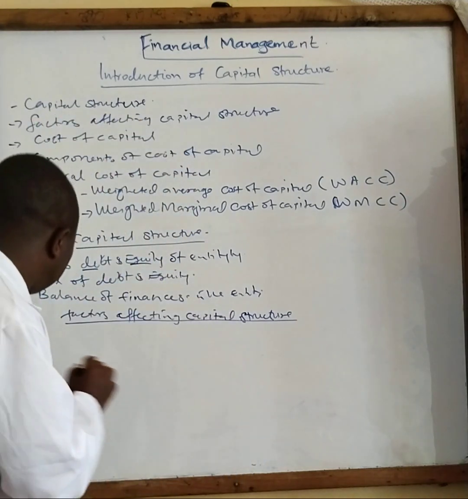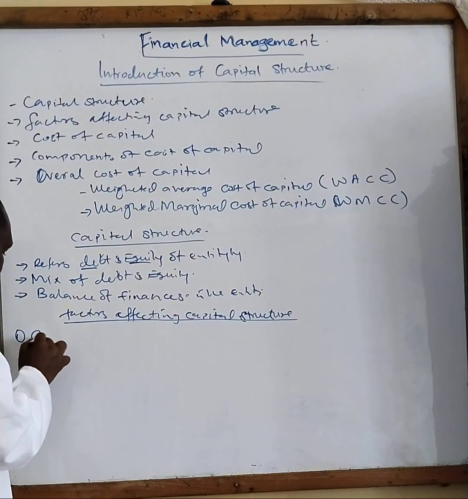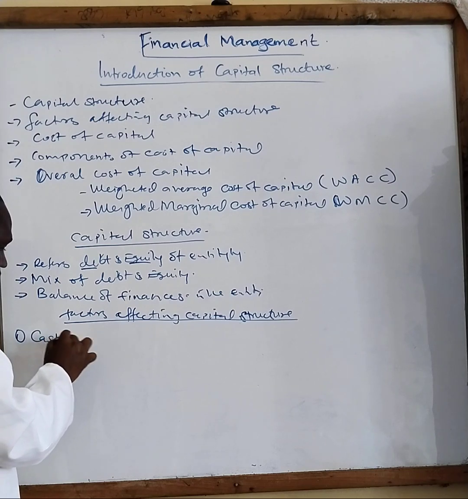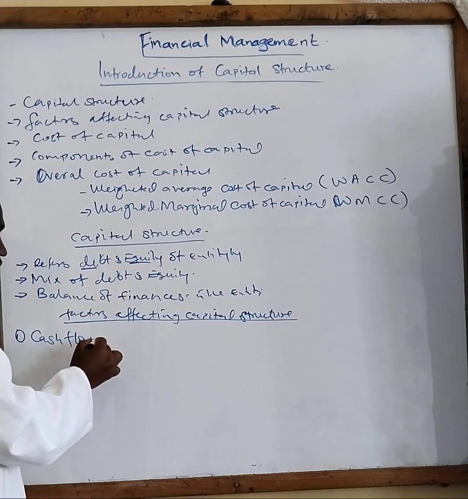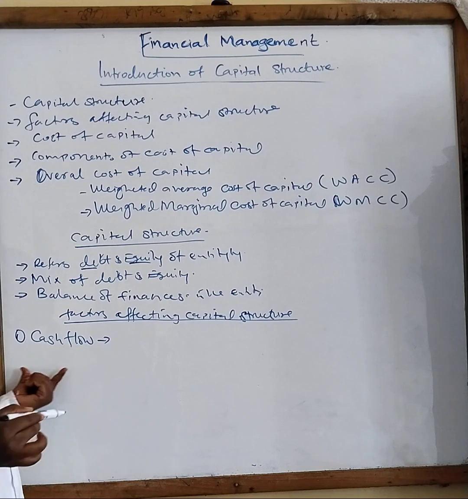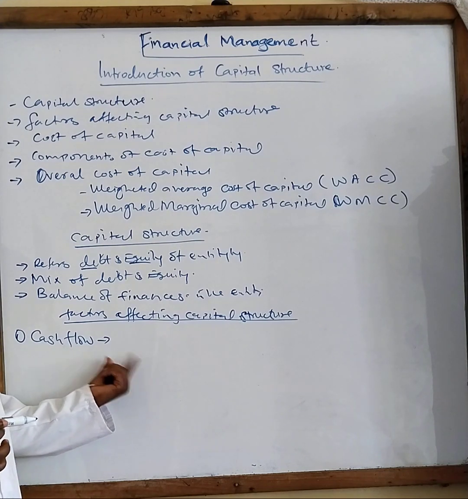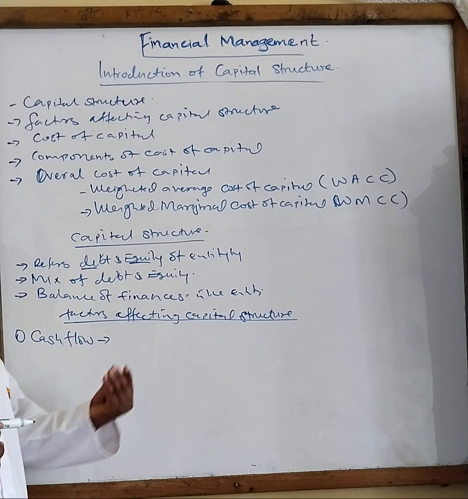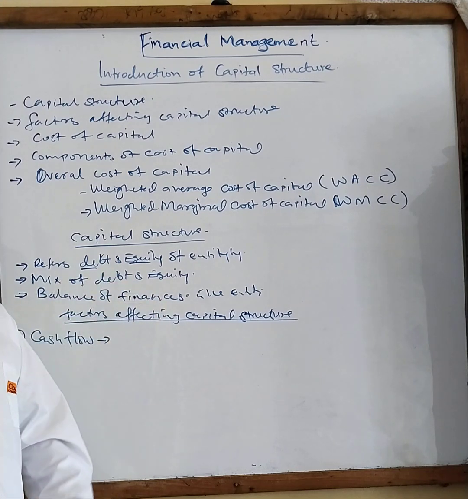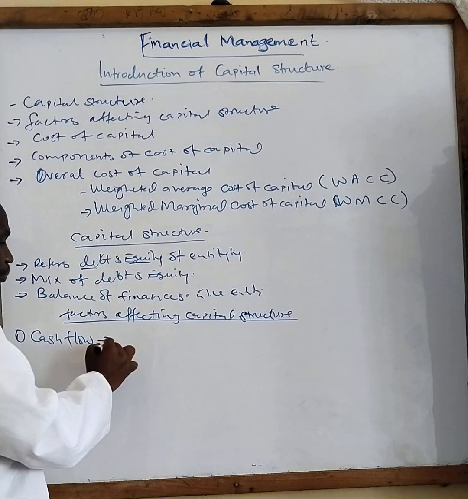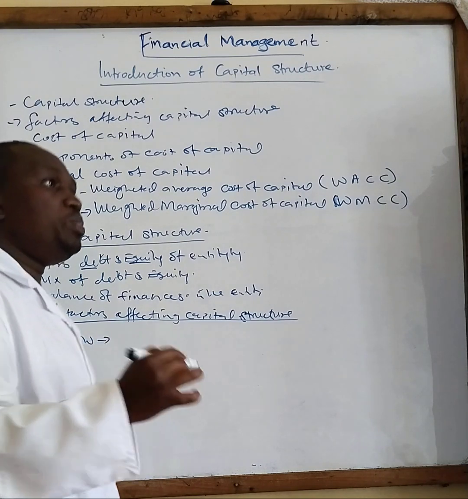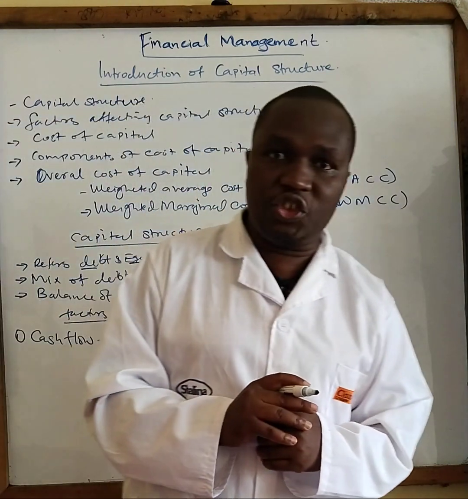Number one, you have to consider cash flow of the organization. When you talk about cash flow, we are talking about cash inflow and cash outflow. In this case, we are analyzing the cash that is coming in to meet all the liabilities in the organization. Is your cash able to meet all the expenses in the organization?